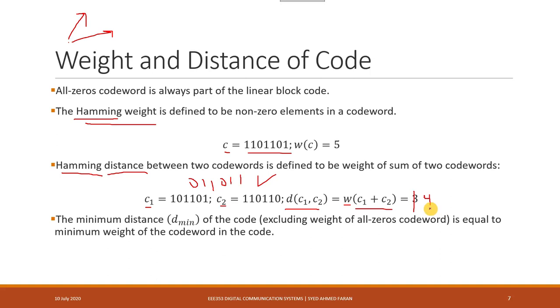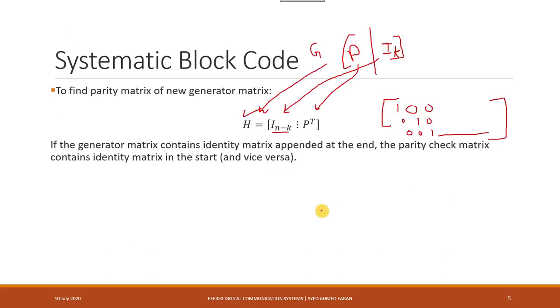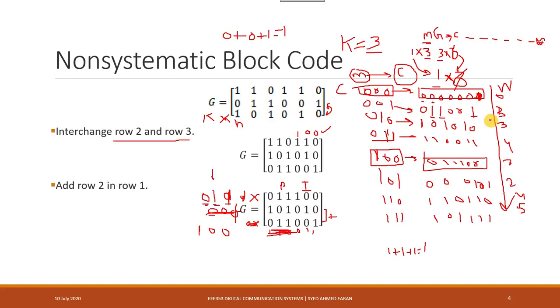Okay, so now that we have computed the distance between two code words, in the problem we actually have to calculate the distance between each pair of these code words. So there is a lot of distance to be calculated. These are just the 7 pairs I've made right now.